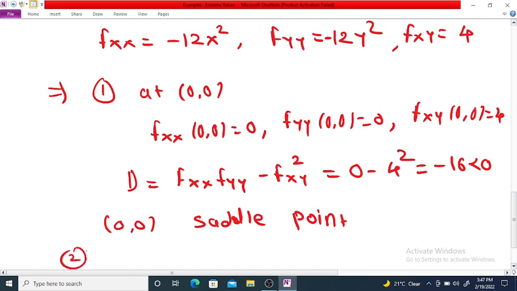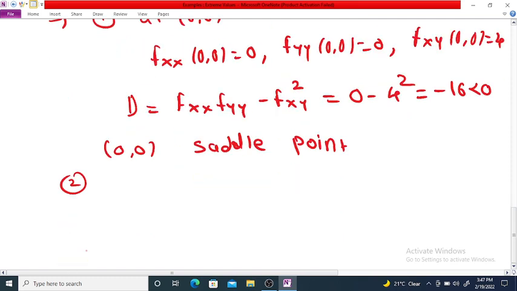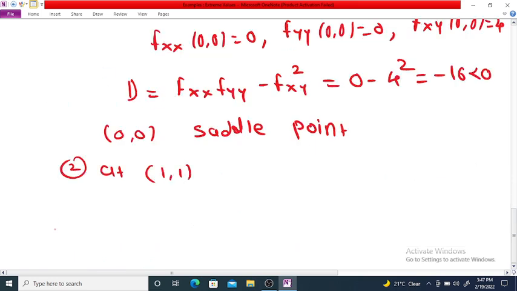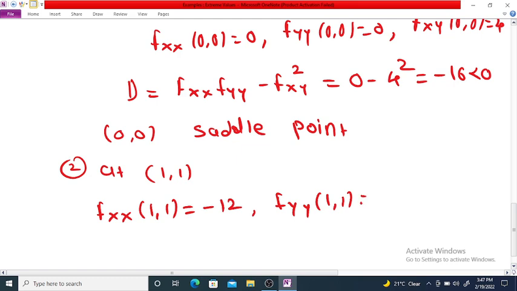Number 2. Now at 1 1, what is f of xx at 1 1? It is minus 12x square, so it is minus 12. f of yy at 1 1 is minus 12y square, so this is equal to minus 12.